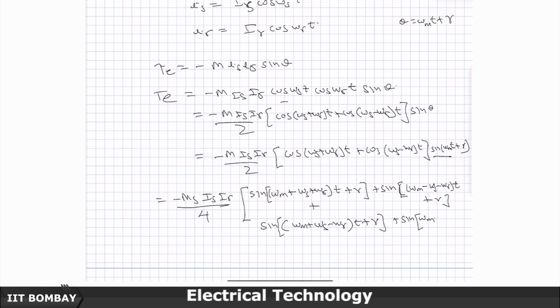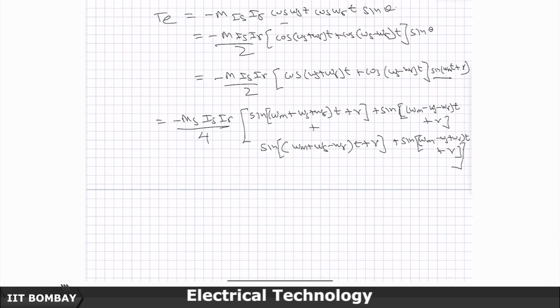So, I will write this as omega_m minus omega_s plus omega_r of t plus gamma, and then this whole big bracket will close.